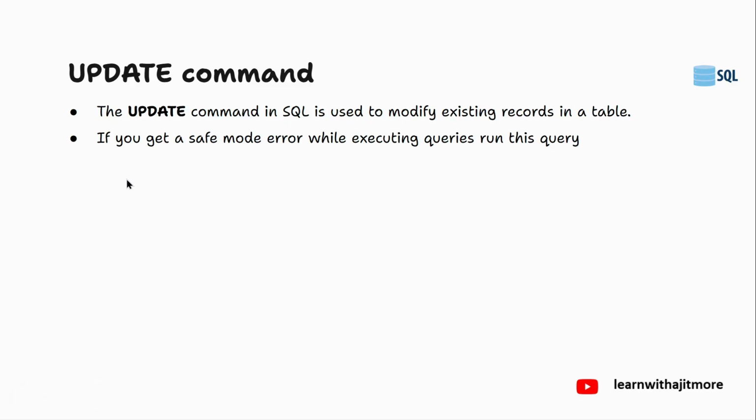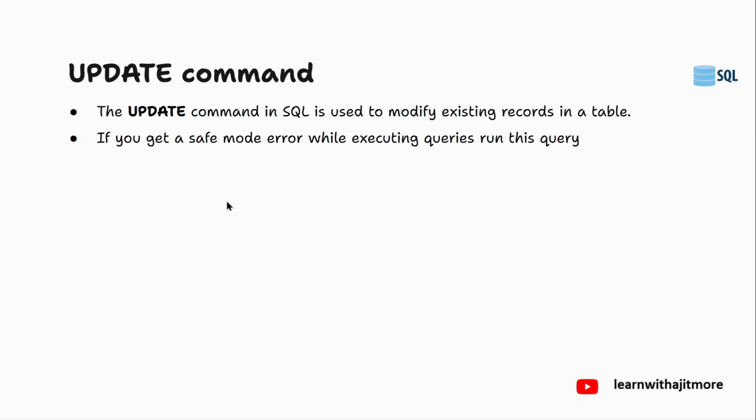Normally it happens that in MySQL, when you directly try to issue this update command, you may get a safe mode error, because according to MySQL, update is a serious command and therefore it cannot be issued directly. So there is one flag, okay, SQL safe update.